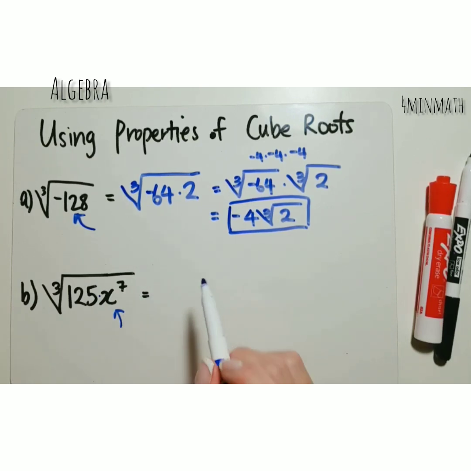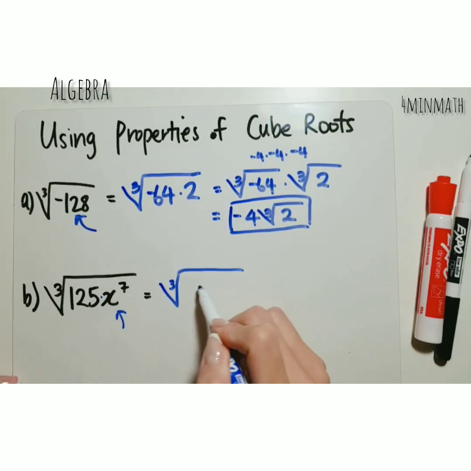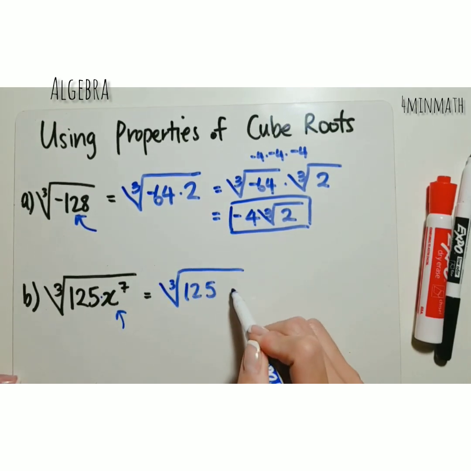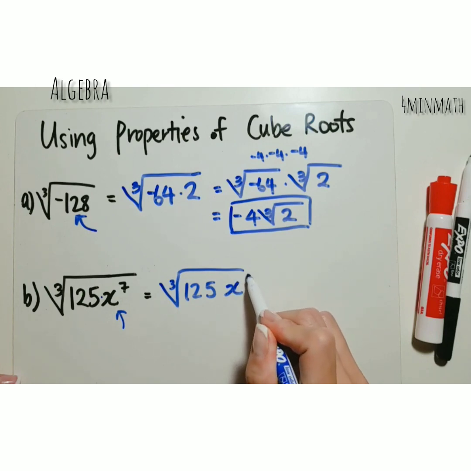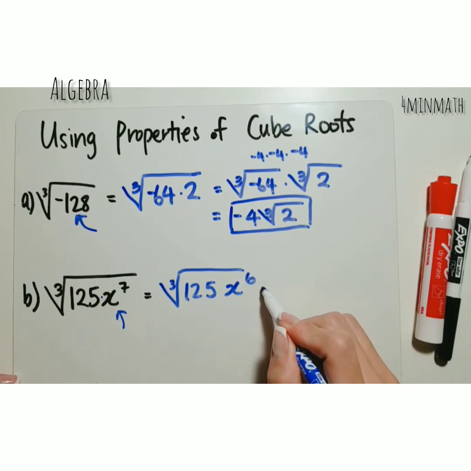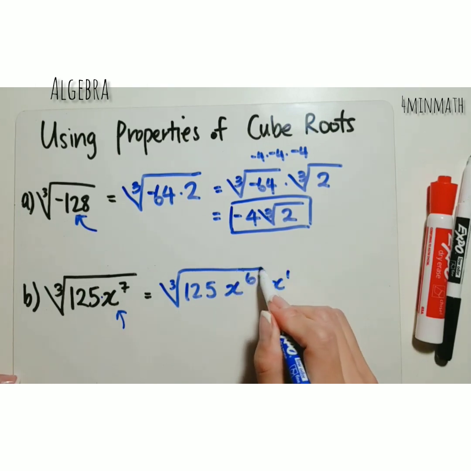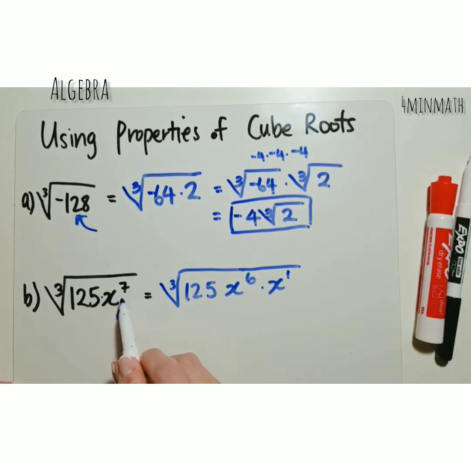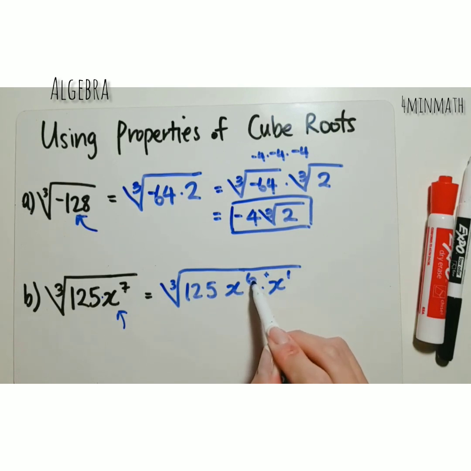So keep 125. I know for a fact that x to the 6th power times x to the 1st power makes x to the 7th, because same base, we add the exponents. And I also know that x to the 6th has a perfect cube.